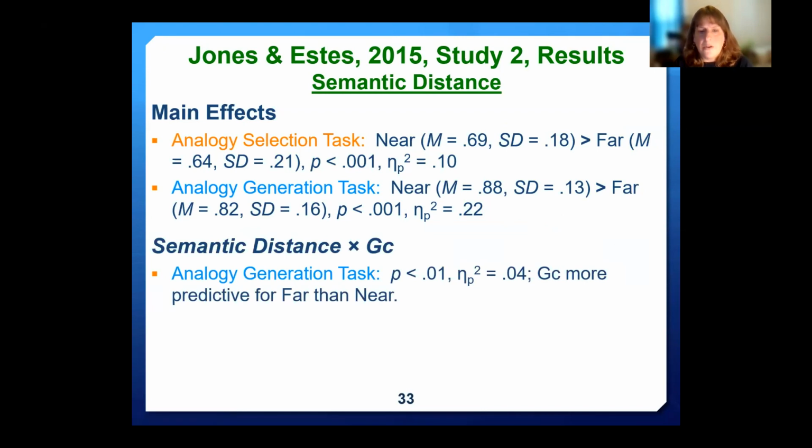And then in terms of the interaction with crystallized intelligence, I didn't include this in the paper, but in looking back at that data, I found that crystallized intelligence was more predictive for far analogies than for near analogies.